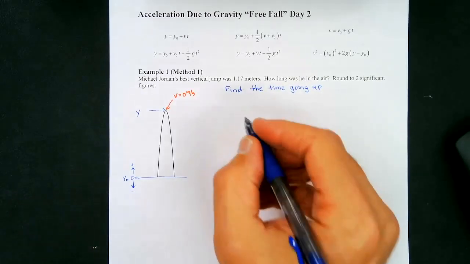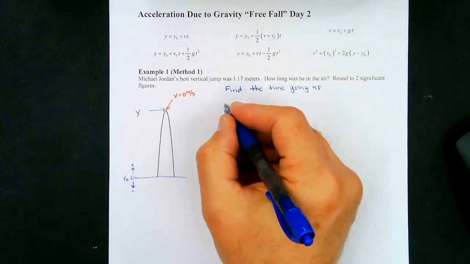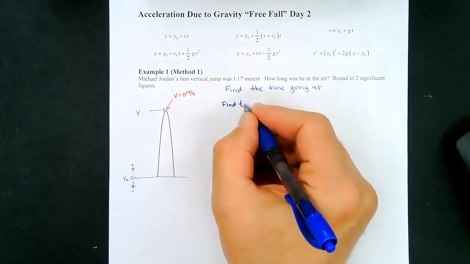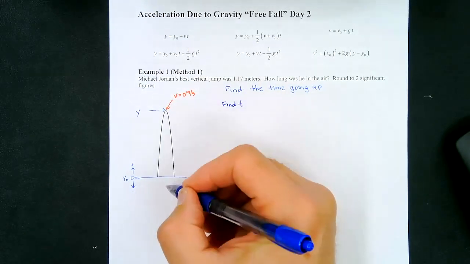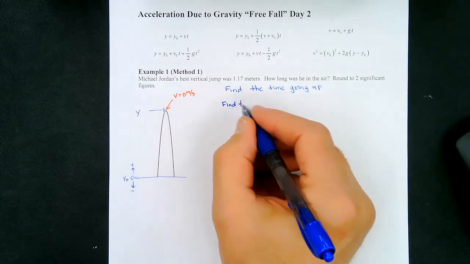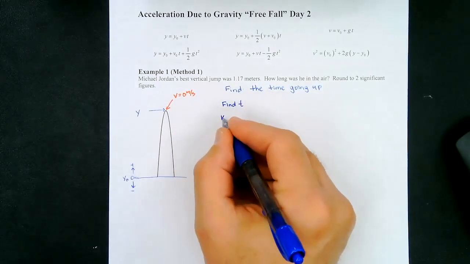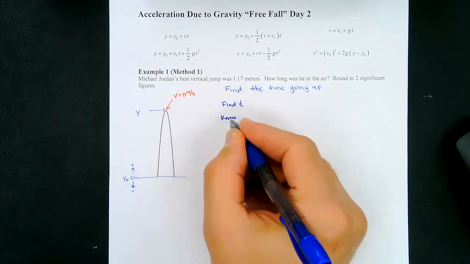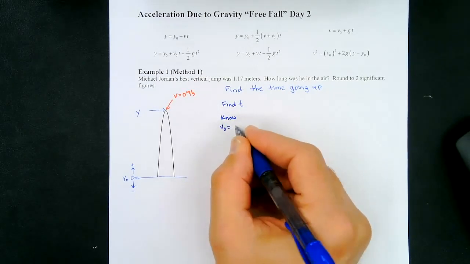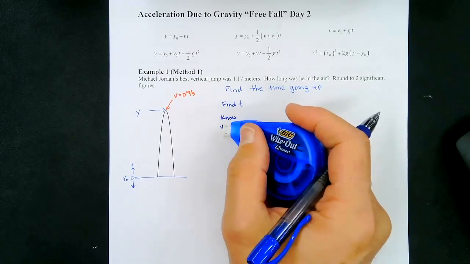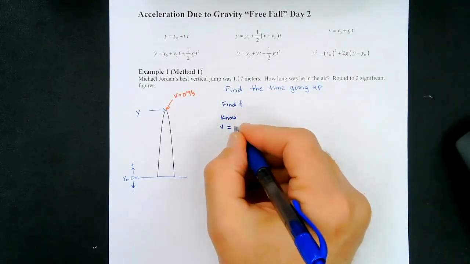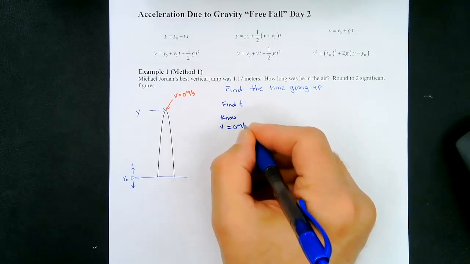Okay, so I'm trying to find t. But you have to realize that t is the time it takes to go up and reach a velocity of 0. For that time, I know that the final velocity is 0 meters per second.